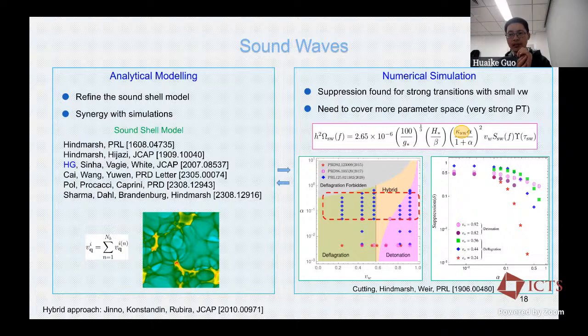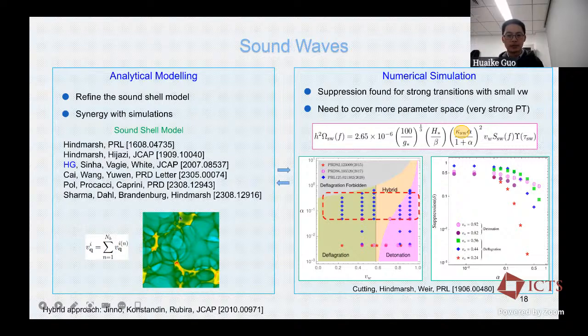So far, the results that we have used come mainly from two approaches. One is large-scale numerical simulations, which was mostly done by the Helsinki group and others. The other is the analytical method.